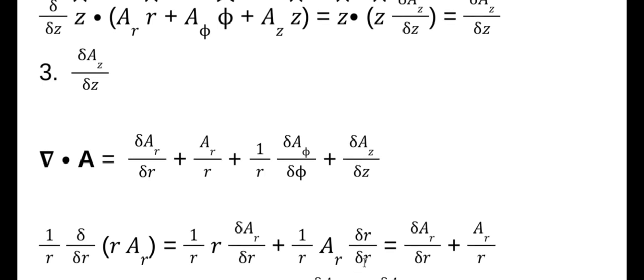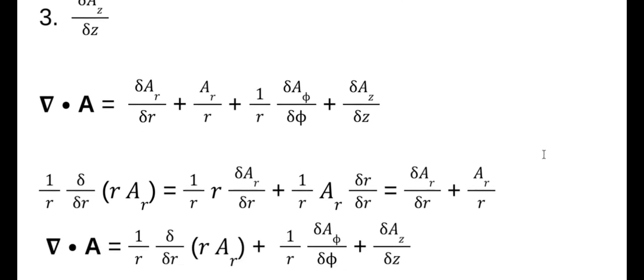Well, this is 1. So you just get A_r over r. And this cancels to 1. So it turns out to be this. So this right here is the same as this. And this is what they want. So you write it like this. Okay? So this is the divergence in cylindrical coordinates. So now we can do our problem.